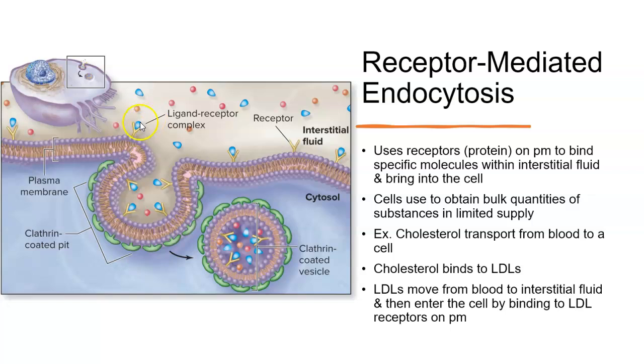Okay, so that's going to be our LDLs, our lipoproteins there. The cholesterol will bind to those, and then that complex binds to the receptor. That causes the invagination of the cell membrane. It closes off, forms a vesicle, and bam, we just brought that cholesterol into the cell.